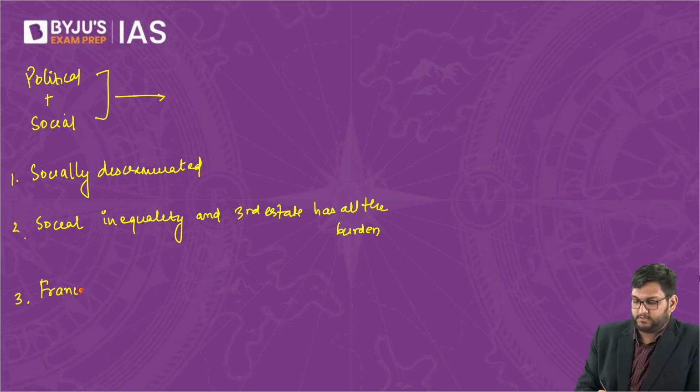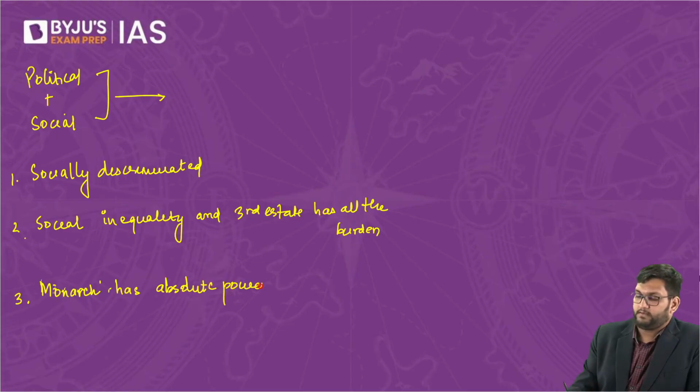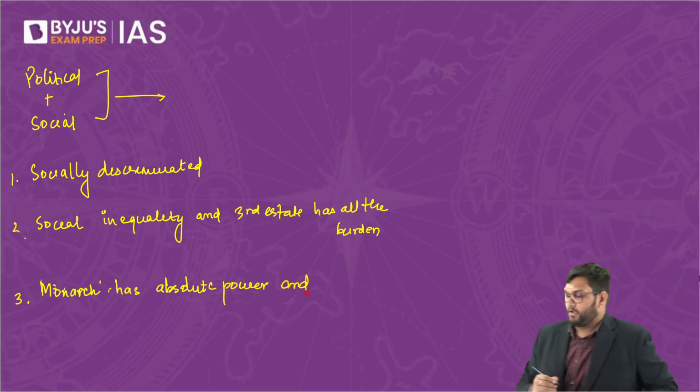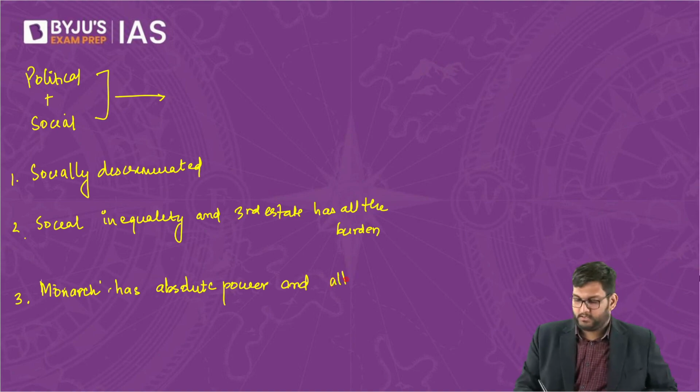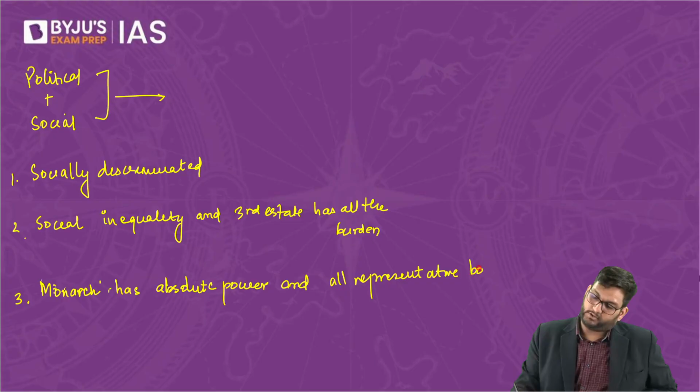Monarch has absolute power, and all representative bodies are non-representative.